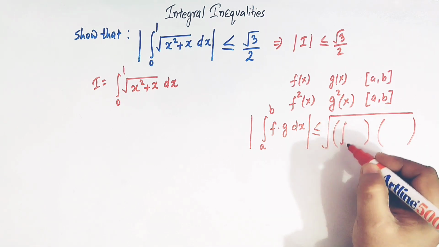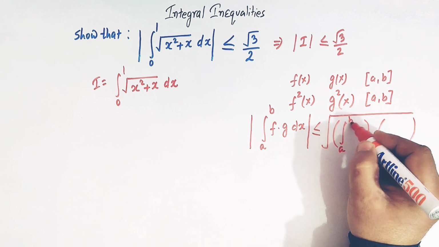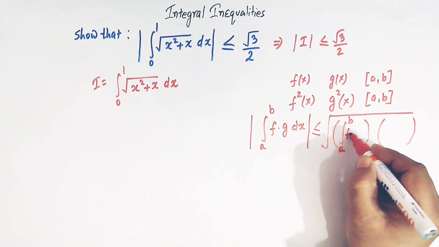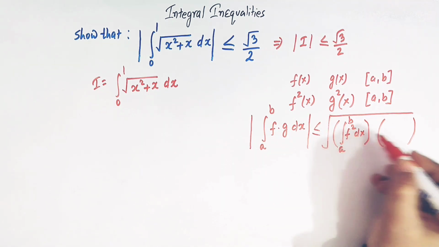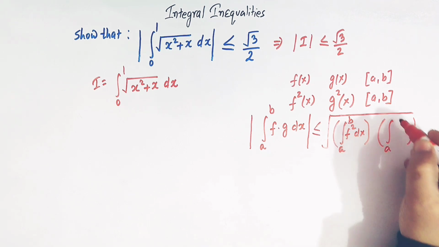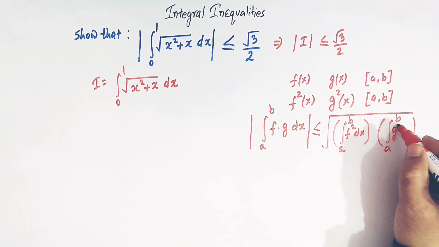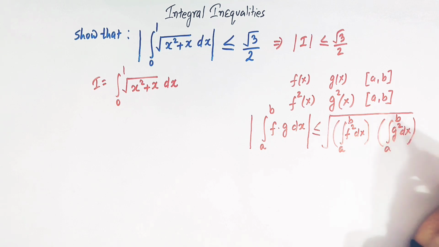That is, the first one is from a to b of f square dx, and here we have a to b of g square dx.